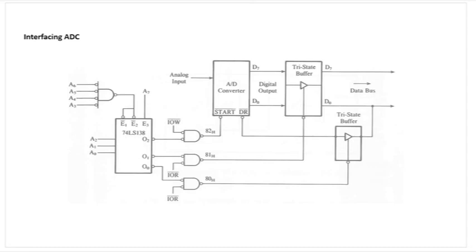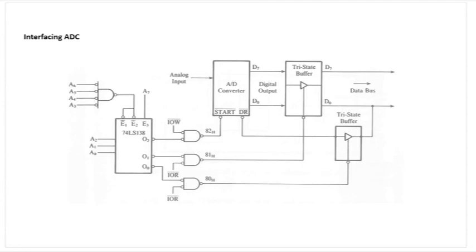microprocessor, and so the data bus D0 to D7 will here receive the input from the ADC, and buffers will be used for receiving the data.